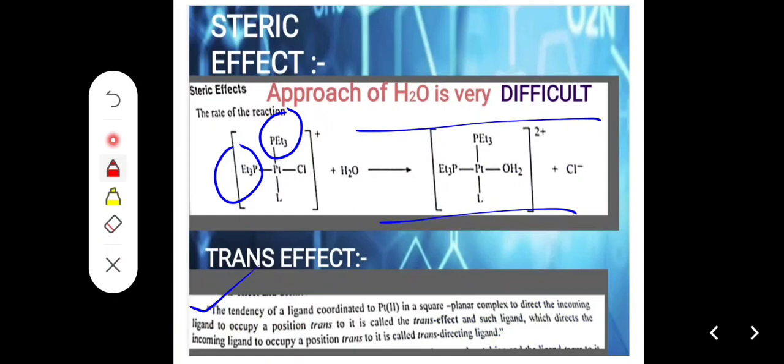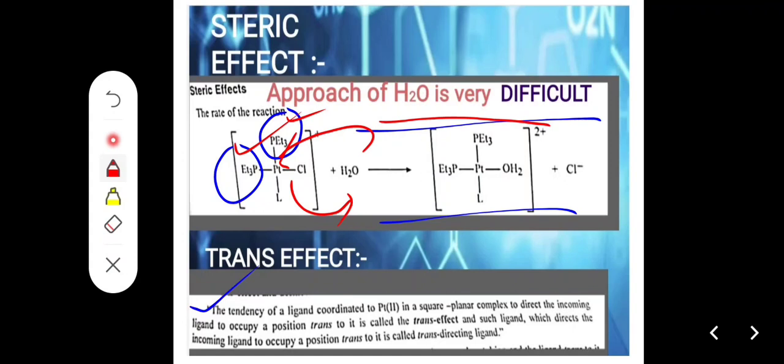Okay, next one, approach of water is difficult because the Pt(A3) complexes are bulkier, so when water goes in, Cl must be removed. This process is very difficult due to steric hindrance. Okay, trans effect is nothing but that the ligand always directs the incoming nucleophile to approach trans to it.